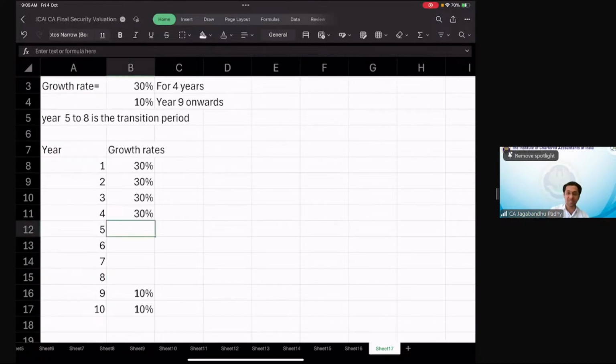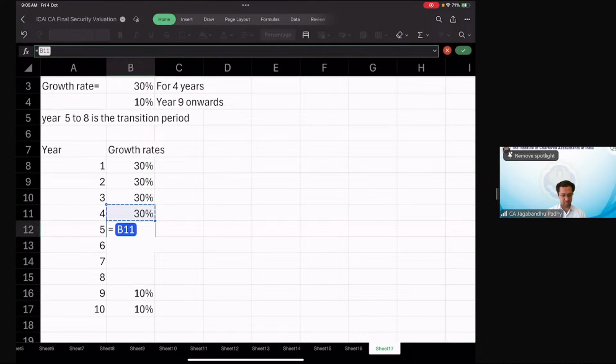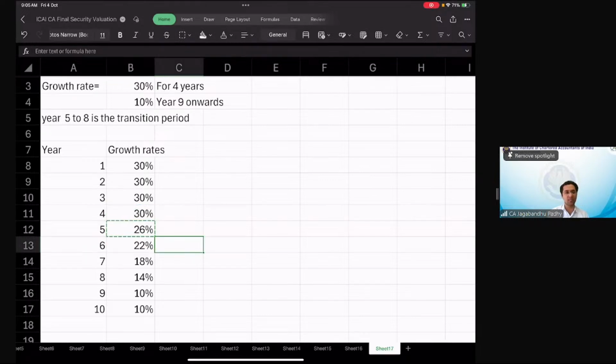Years 5, 6, 7 and 8 fall gradually toward 10%. Not a 5% fall, because by the 8th year it becomes 10%, a fall of 4% each year, and then from the 9th year onwards you have a constant growth rate of 10%.